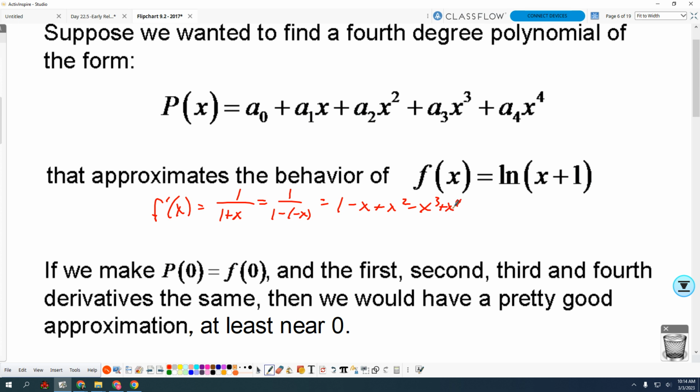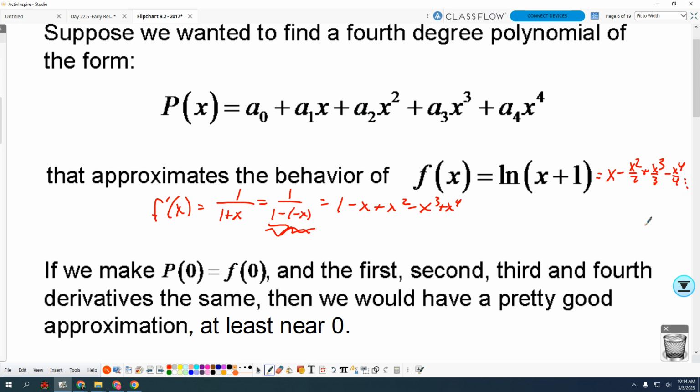Hunter says the relationship here is that we knew how to deal with 1 over x plus 1. What is the relationship? Well, that's the derivative. So if I do the derivative, that looks like this geometric series thing. I can generate the series, and then he said that's the derivative, so integrate it. So this should be x minus x squared over 2 plus x cubed over 3 minus x to the 4th over 4, dot, dot, dot.